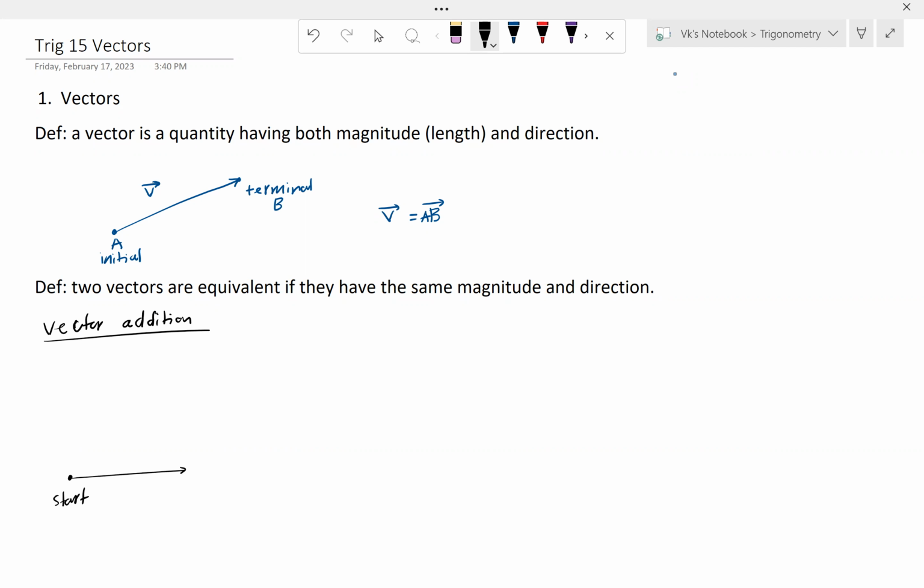This is the first vector, u. And here comes the vector v. This is where we end. Then we have a vector that goes from start to end, and that is the vector u plus v.